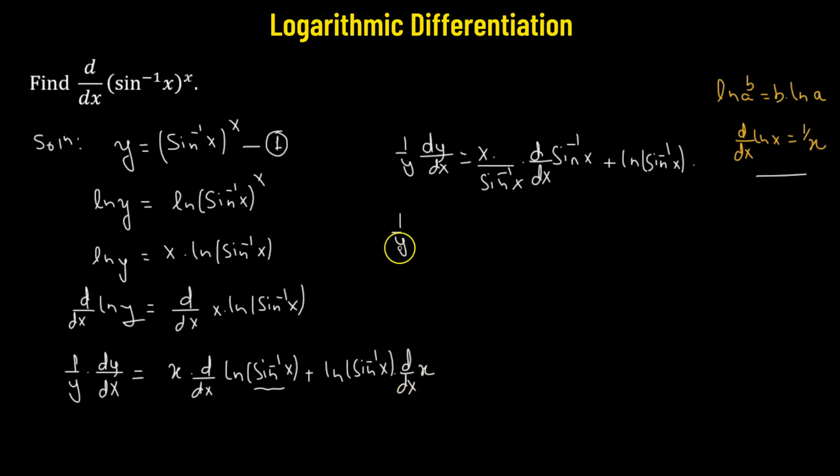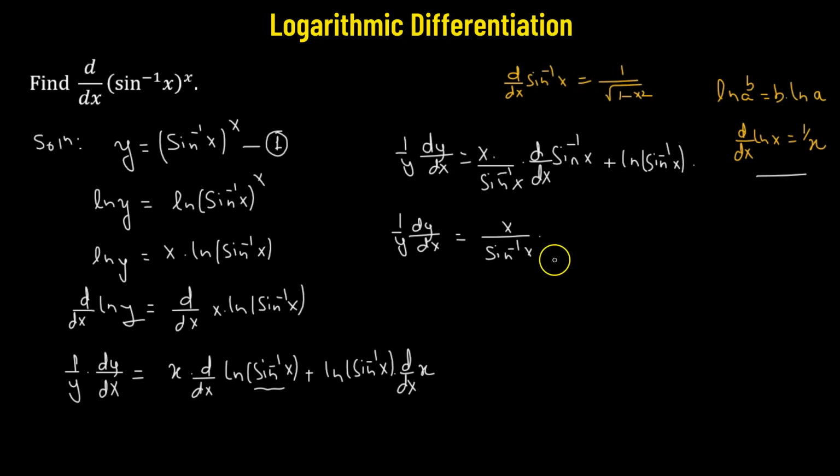This gives us 1 over y times the derivative of y with respect to x equals x divided by sine inverse of x multiplied by, now we have the derivative of the inverse sine function. We know that the derivative with respect to x of sine inverse of x is given by 1 over square root of 1 minus x squared.